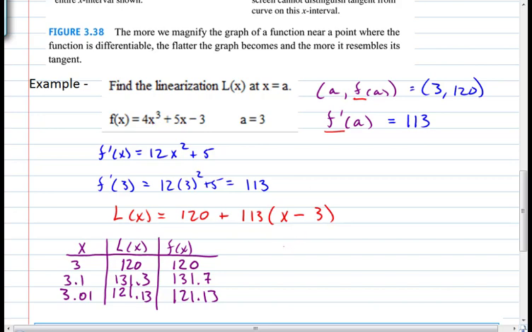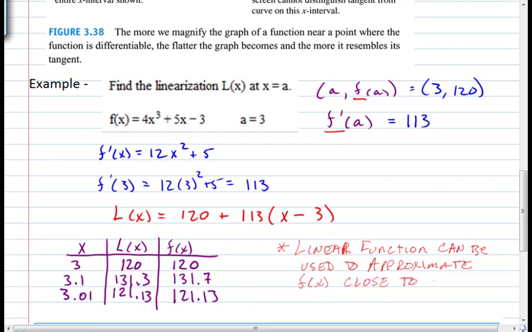The linear function is easier to work with, and it can be used to approximate the function close to x equals a.